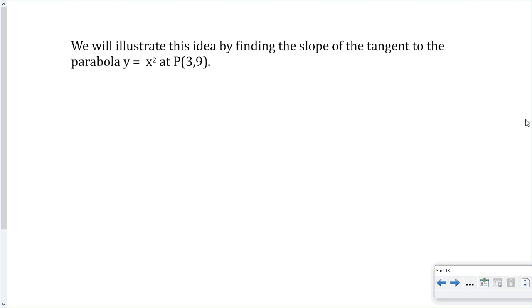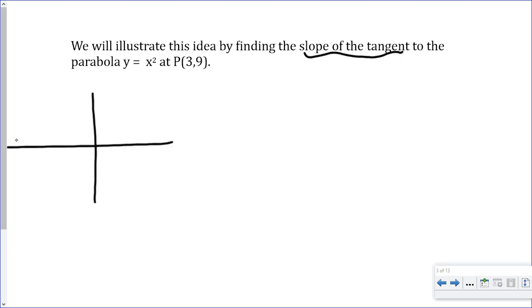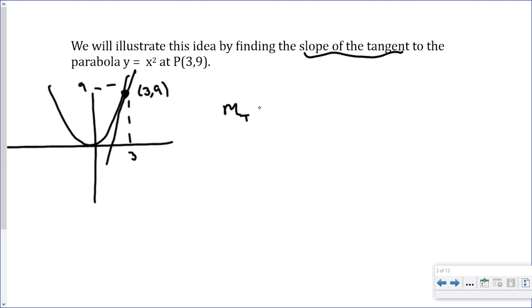I want to find the slope of the tangent line of my parabola at this point. So I need the slope of my tangent line, and I'm going to do that by finding this limit.